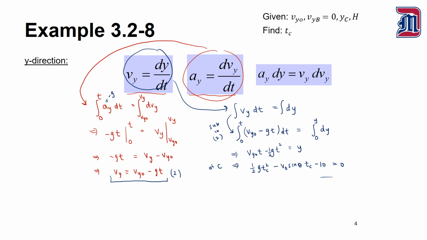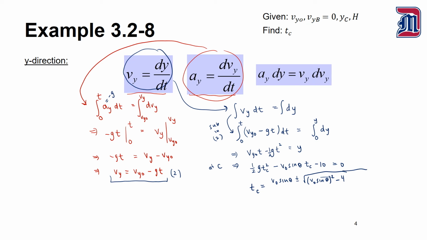So what we have here is a quadratic equation, and we know how to solve quadratic equations using the quadratic formula. If we remember, it's minus b, which in this case becomes positive v sub 0 sine theta, plus or minus the square root of b squared minus 4ac.